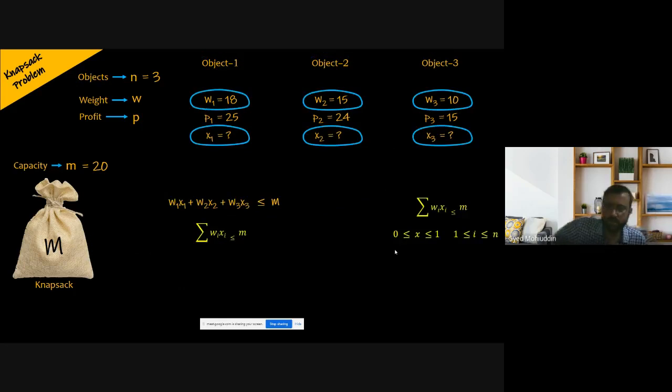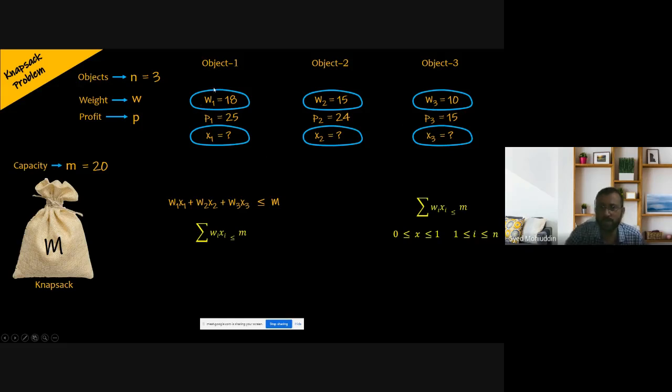Now let us look at how we come to the solution. We say there is something known as x1, x2, and x3. X is nothing but a fraction. What will the fractions be? We have question marks here because we don't know what fractions x1, x2, x3 will have. We take fraction x1 of weight W1, fraction x2 of weight W2, fraction x3 of weight W3.